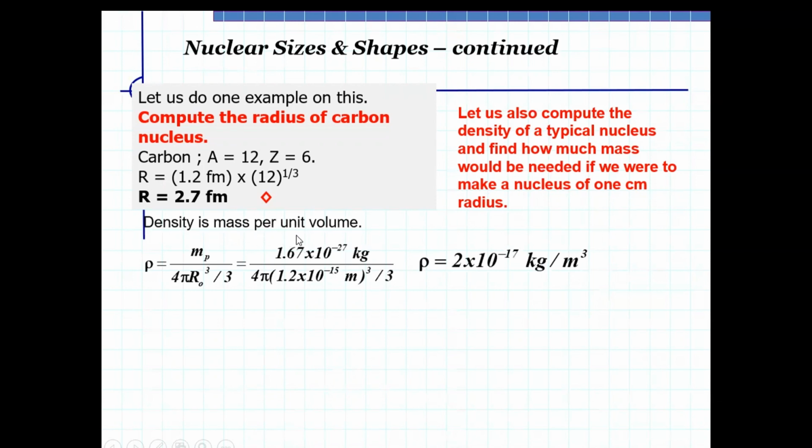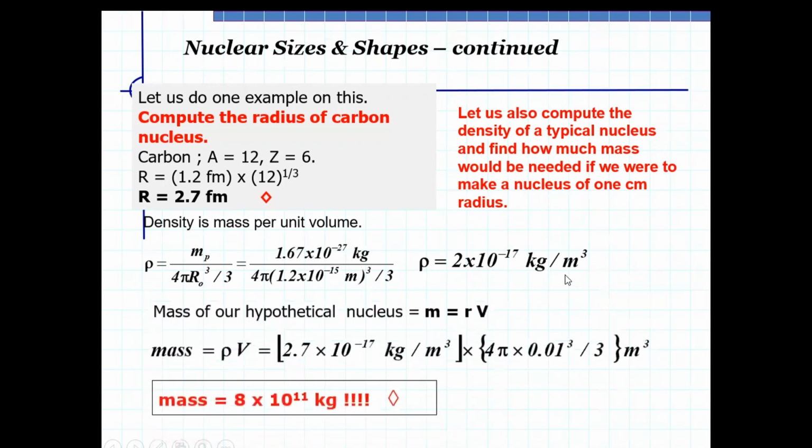The density is mass per unit volume, and the mass of the proton is roughly 1.67 into 10 to the power minus 27 kg, divided by 4 pi r naught to the power 3 divided by 3, and this is the volume. We substitute the value of r naught, and we find the density equal to 2 into 10 to the power 17 kg per meter cubed. Now, this is the density of the nucleus.